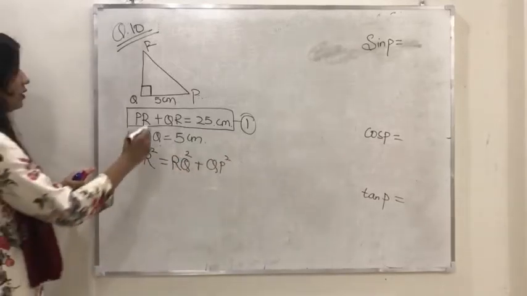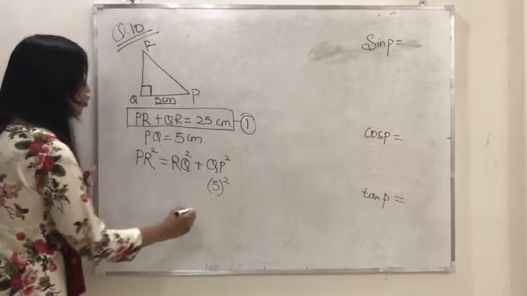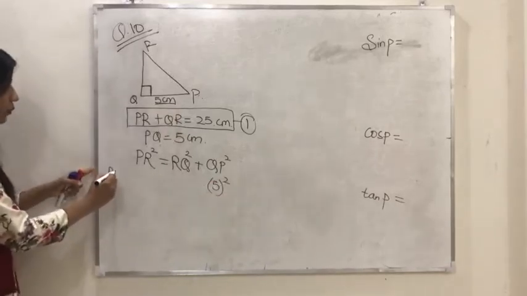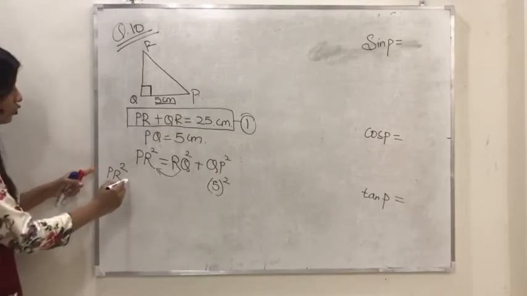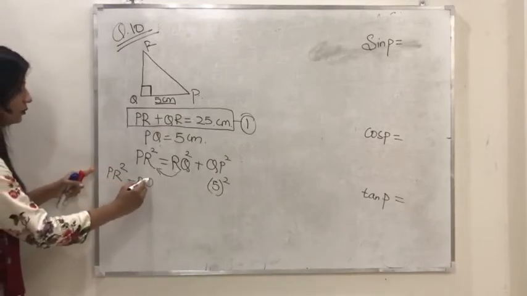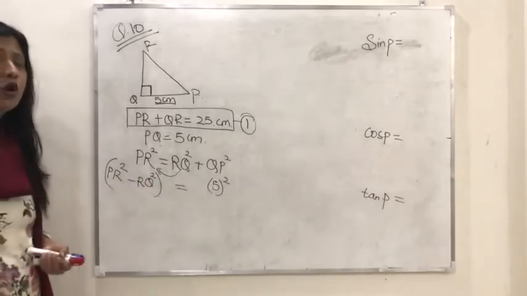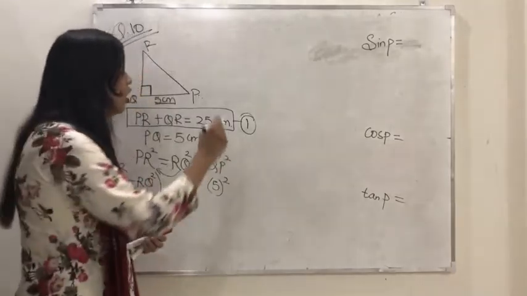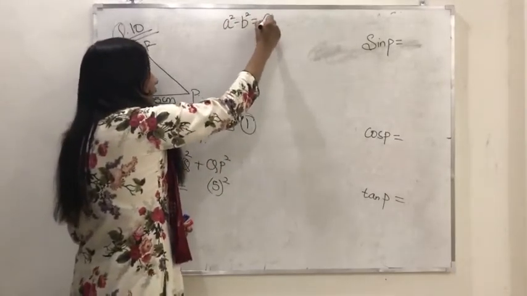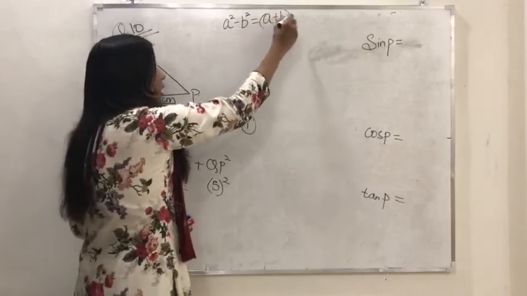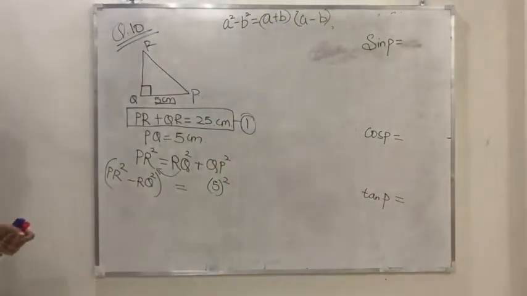Since QP is 5 centimeter, I will write 5 square is equal to PR square minus RQ square. I know the formula of A square minus B square, it is A plus B into A minus B. Same formula I will apply here.